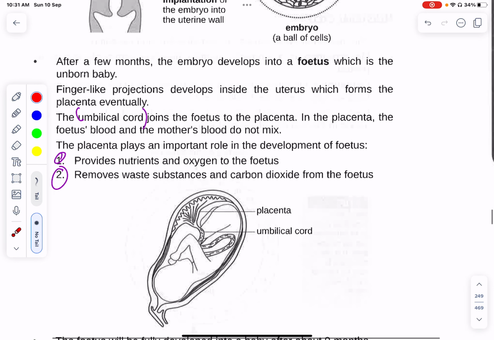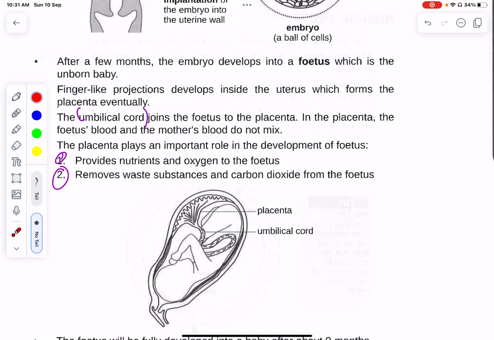After a few months, the embryo will develop into a fetus, through which it will become an unborn baby. And there are finger-like projections inside the uterus, which form the placenta. These finger-like projections increase the surface area to volume ratio for nutrients to be transferred between the fetus and the mother.